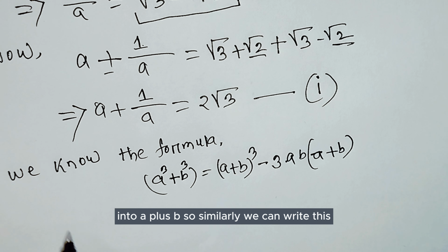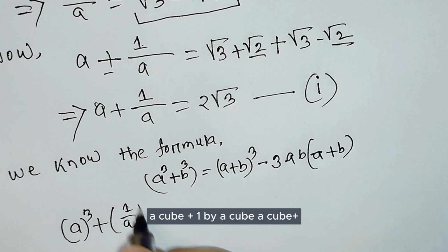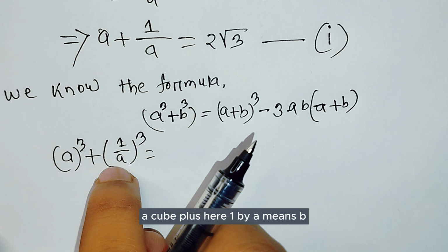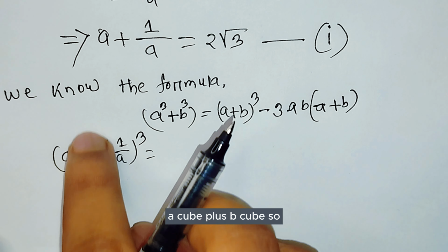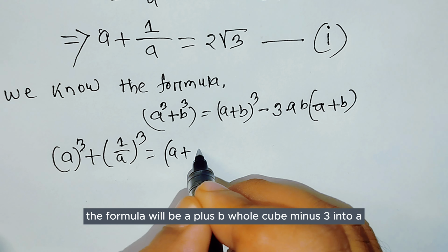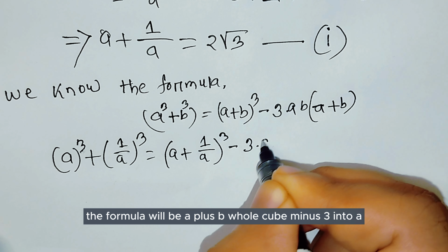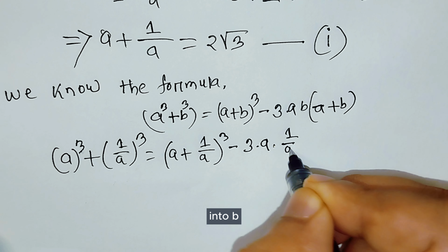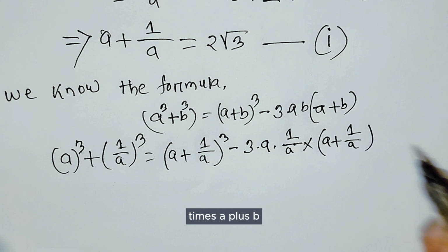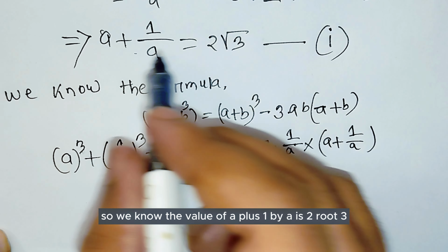Similarly, we can write a cube plus 1 by a cube, where 1 by a means b. So the formula will be (a plus 1 by a) whole cube minus 3 times a times 1 by a times (a plus 1 by a). We know the value of a plus 1 by a is 2 root 3.